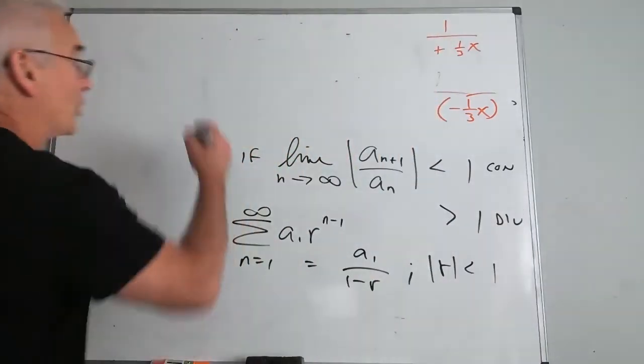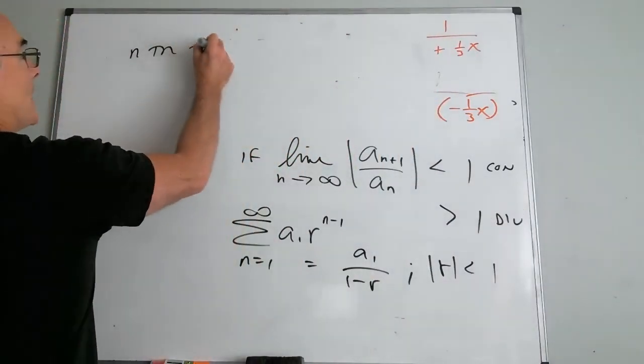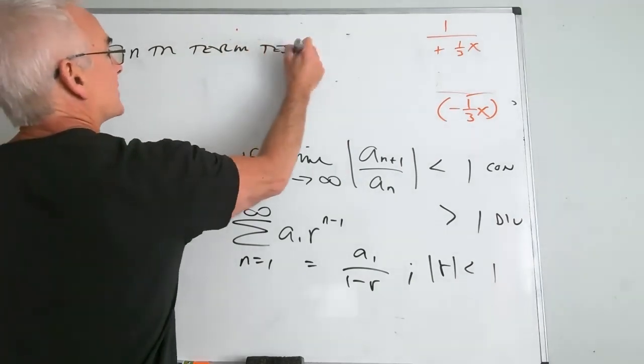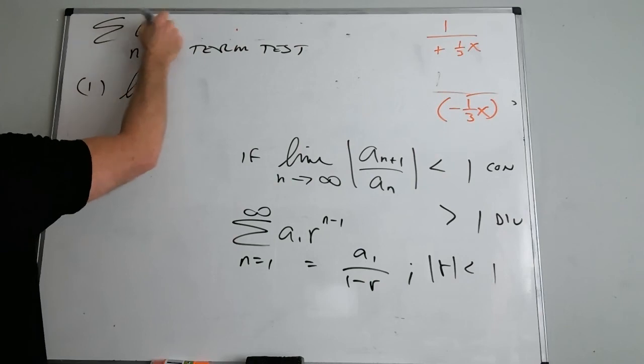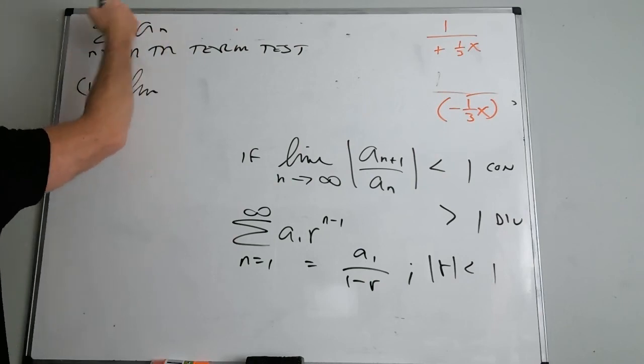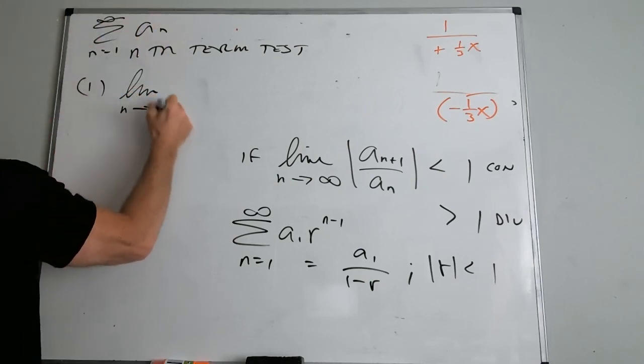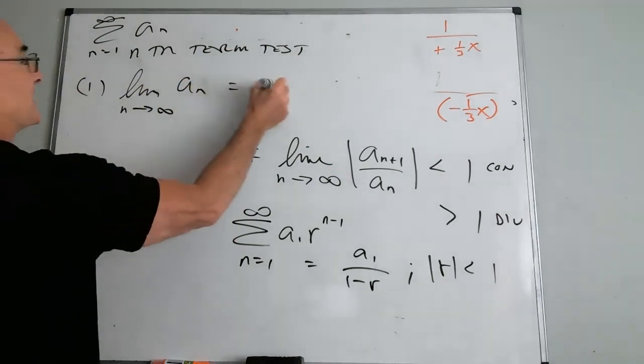And then there's the nth term test. That's what I'm talking about. The nth term test has 2 pieces, if you remember. So I have this series here. The limit as n goes to infinity of an is 0.